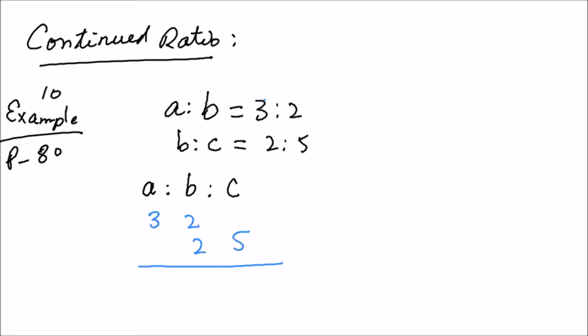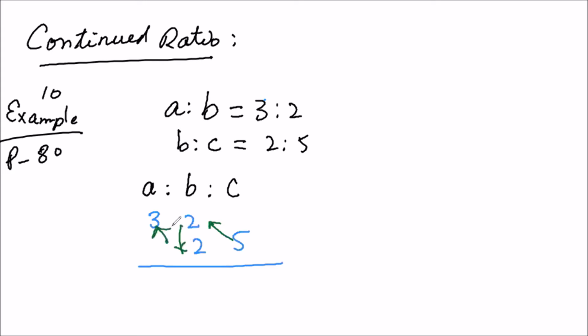Now the method to solve this question is that you will multiply 2 with 5, again 2 with 2, and this 2 with 3. Okay, you can put arrows like this, or you can put arrows like this.